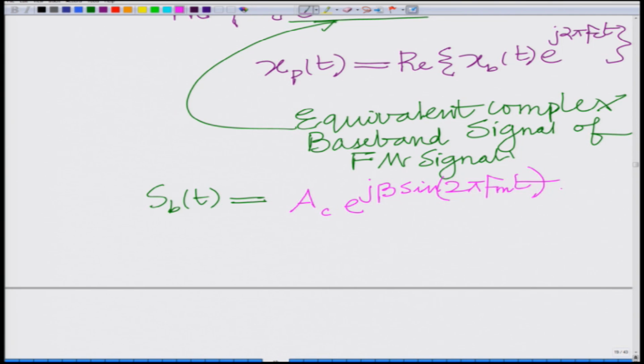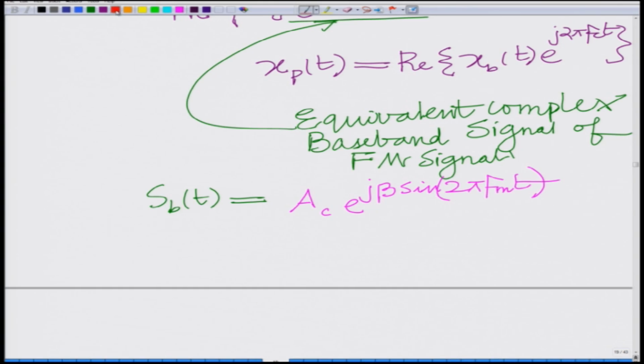Now, what I can do is equivalently find the spectrum of the complex baseband signal. The passband spectrum is nothing but simply a translation of the baseband spectrum, because modulation is nothing but translation in the frequency domain. So, first let us start by finding the spectrum of this equivalent complex baseband FM signal.